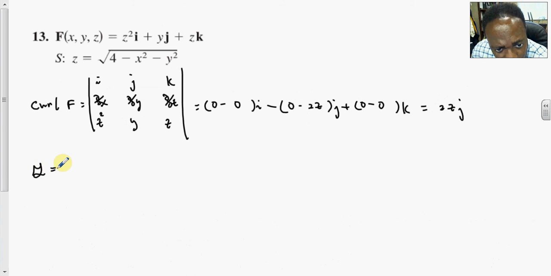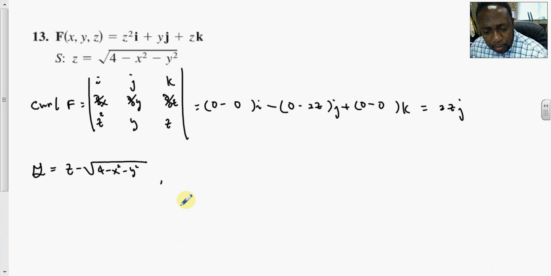Now g is z minus the square root of 4 minus x squared minus y squared. Well, we need those partial derivatives to get the gradient. So the gradient of g here for the ith position, this is negative, then it's 1/2.